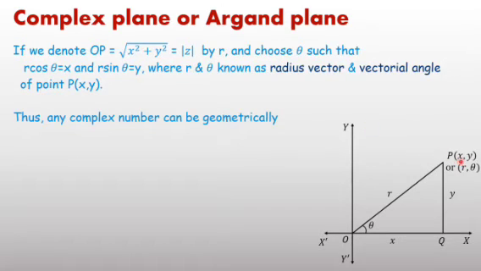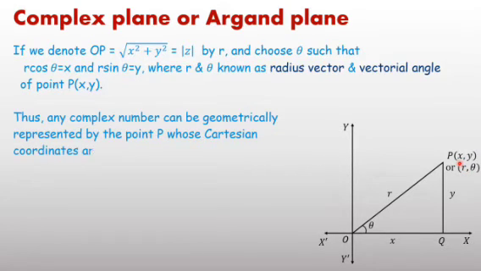If we are using x and y for a complex number, then the coordinates of point P we can write as x comma y, and in polar form we can write the coordinates of point P as r comma theta. It implies x comma y are known as the Cartesian coordinates of point P, and the polar coordinates of point P we can write as r theta.